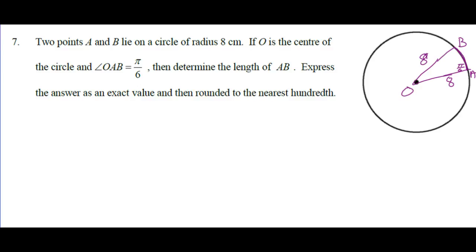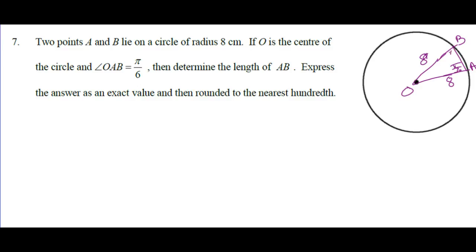And we want the length AB, so it didn't say arc length, we're actually just looking for the straight line length. Let's clean that off. Okay, so there's B, and there's A, and this is pi over 6, and we're looking for the straight line, right? Because it didn't say the length of the arc AB, it says the length of AB, which is a line. That's 8, which means what kind of triangle is this? Isosceles.